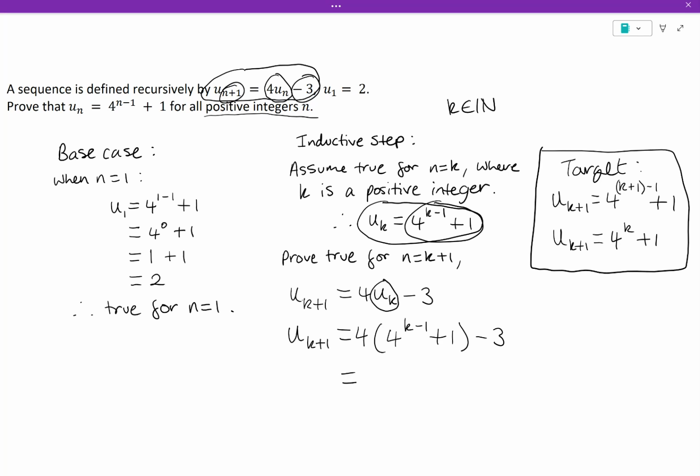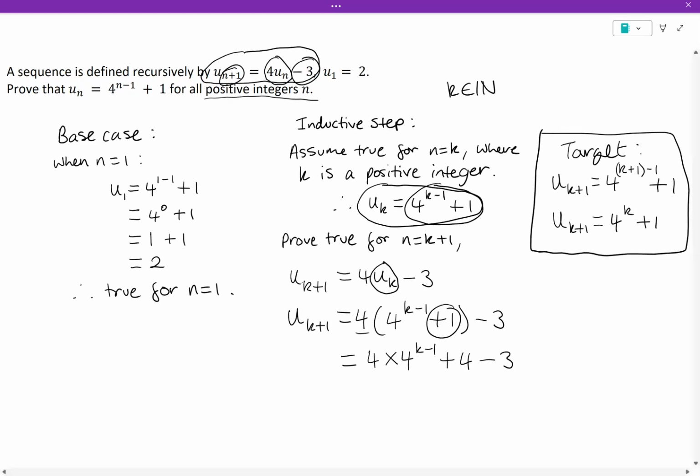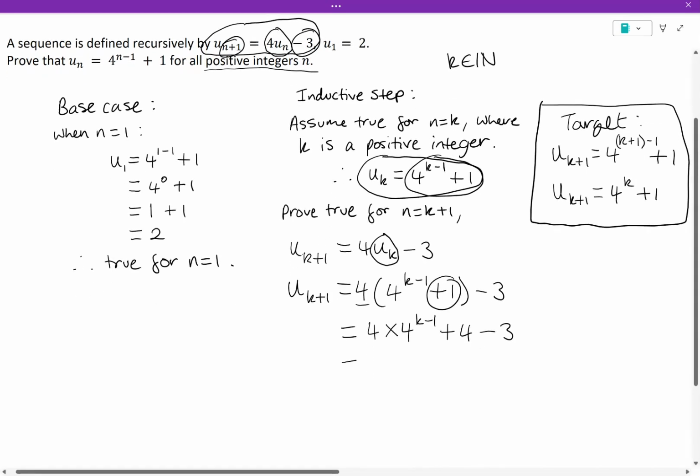Now, once I've done that, my next step is to simplify. So let's expand the brackets. We'd have 4 times 4 to the power of k minus 1, which I'm going to write like this initially. Then we've got the 4 multiplied by the positive 1, so that gives me plus 4. And then we've got the subtract 3 outside the bracket like that. Now let's simplify. We've got a product and the base numbers are the same, therefore we can add the powers.